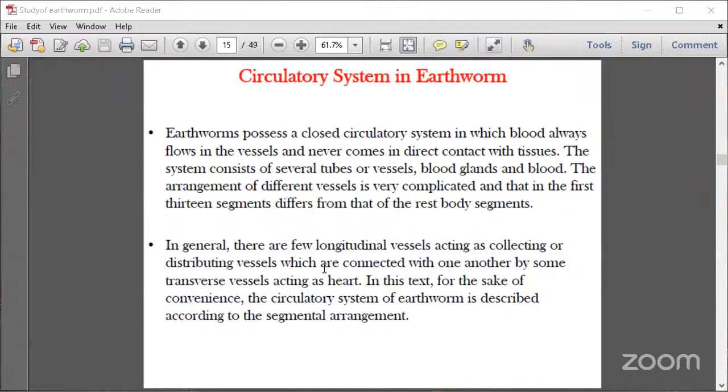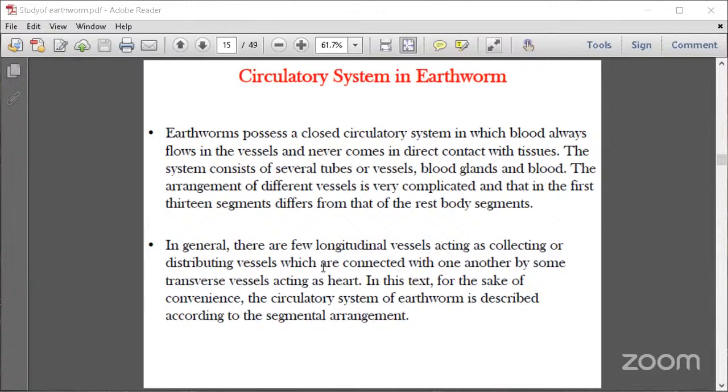The system consists of several tubes and vessels, blood glands and blood. The arrangement of the different vessels is complicated, and that in the first 13 segments differs from that of the rest of the segments.